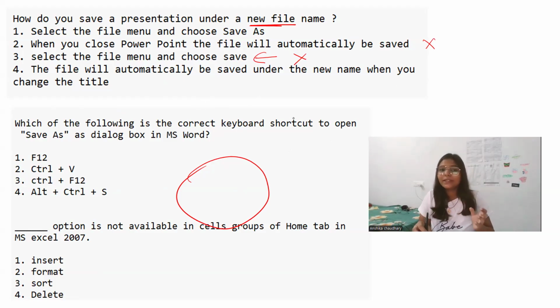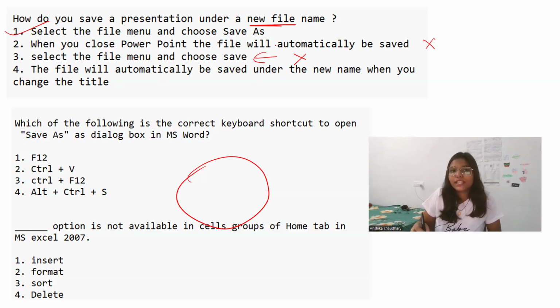No, it will not save automatically. Maybe in the title it will take the name from the title, usually it does, but whenever you close, it will not automatically save. Again, it will open a dialog box and ask you whether you want to save or not. So the correct option will be select the file menu and choose save as.